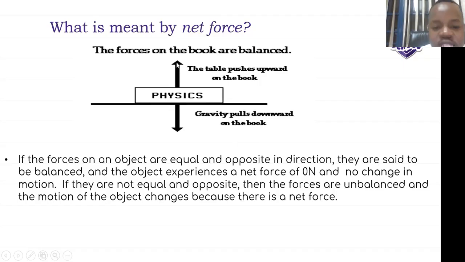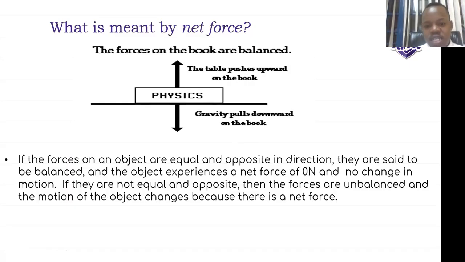In other words, they are equal in magnitude but acting in opposite direction. So this force balances that one, and the net force acting on the object is 0. And because it's 0, it means this object will remain at rest. It will not move because the forces are balanced.